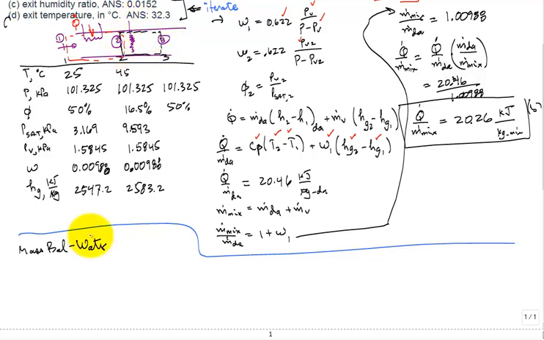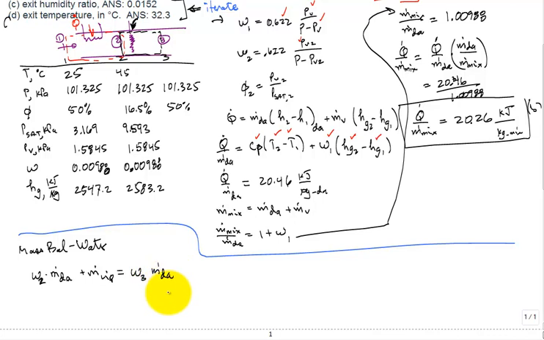So we have coming into the system omega 1 times mass flow rate of dry air. That's the water vapor flowing in, plus m dot liquid, that's the liquid water feeding in down here in the soaker, and that's equal to omega 3 times the mass flow rate of dry air, where omega 2 is the same as omega 1.